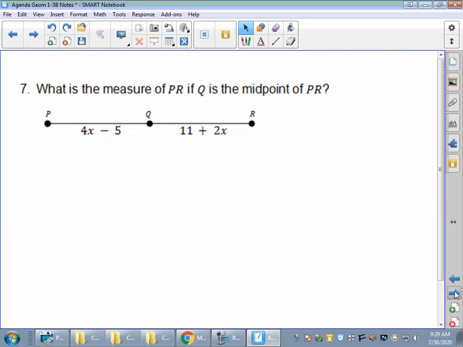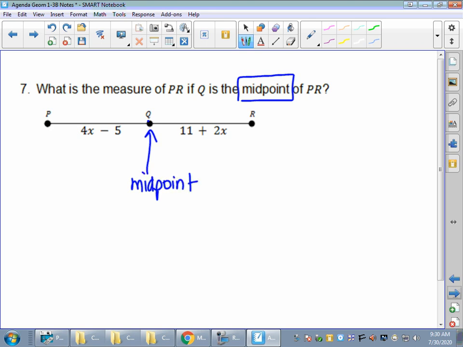Last but not least, let's do a quick talk about this one. It says to find the measure of PR if Q is the midpoint of PR. I gave you a little clue when we drew that last diagram. Midpoint means what? If Q is the midpoint, what does that mean about the segments on either side? They have to be congruent, right? That's what midpoint is.